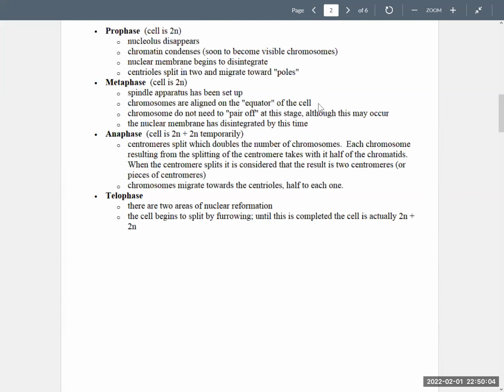If you were told otherwise, it's not true. I'm not trying to break myths or anything here. I just want to set the record straight. Chromosomes do not need to pair off, although it can occur. The nuclear membrane has completely disintegrated.